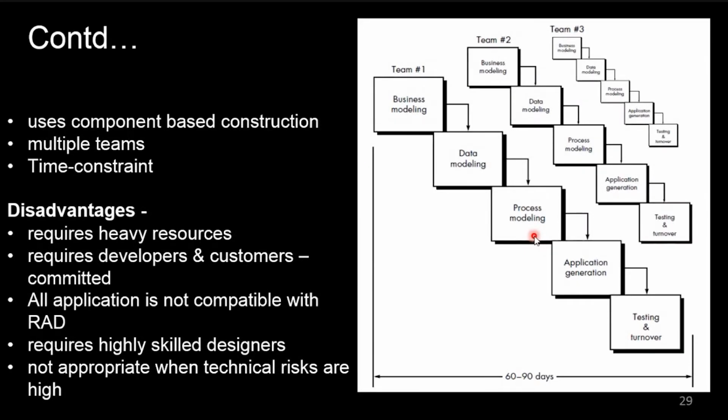So all of the operations on those data objects and entities are defined in this process model. Whatever data objects or entities you defined in the earlier phase are transformed to achieve a particular information flow, which will help us implement our business functions.